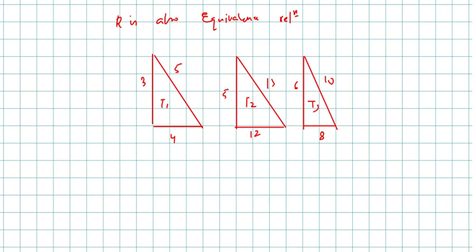So, we know if they are similar, then the ratio should be, let us say, 3 by 4 equal to 5 by 12 equal to 6 by 8. And 6 by 8 I can simplify, I can write as 3 by 4. That means T1 and T3 are related.